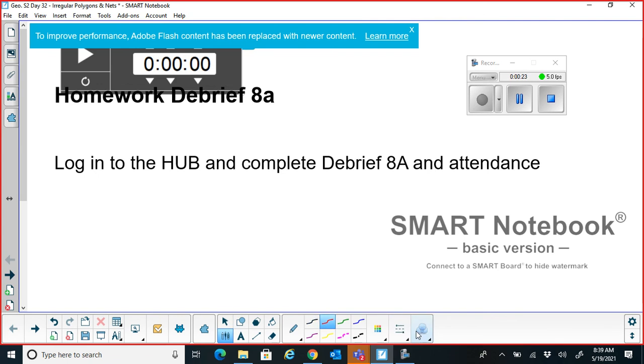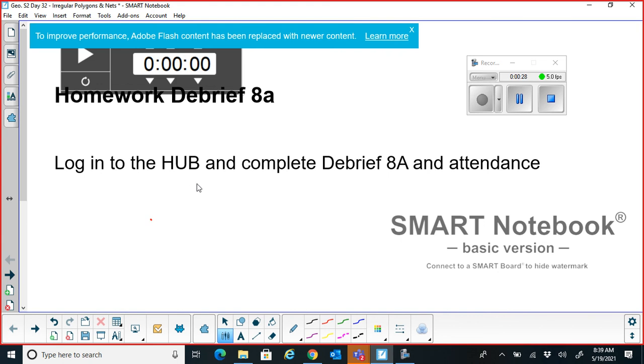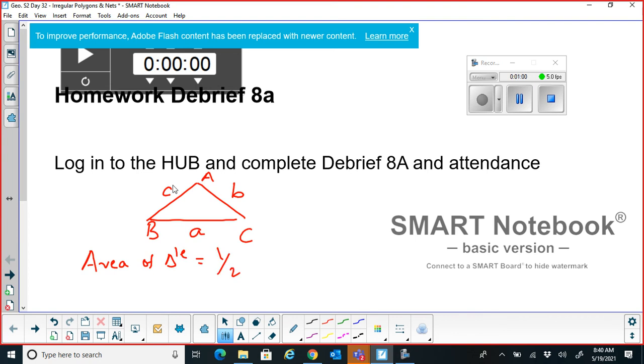Okay, I want you all to note down this formula. Supposing I have a triangle ABC, and corresponding to capital A I have side small a, capital B I have side b, capital C I have small c. Then the area of the triangle is nothing but half of the product of any two consecutive sides.